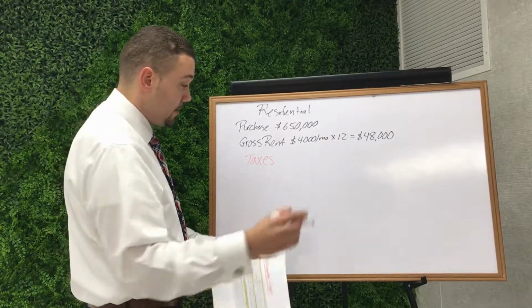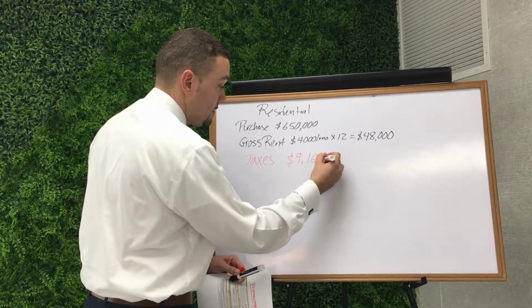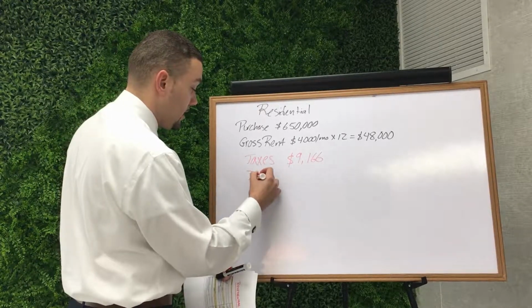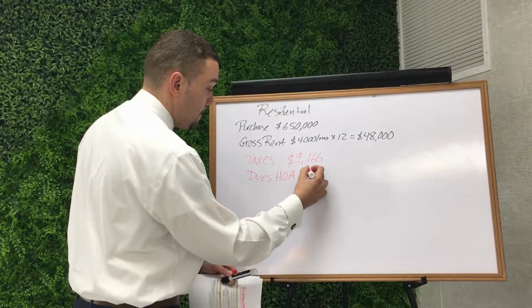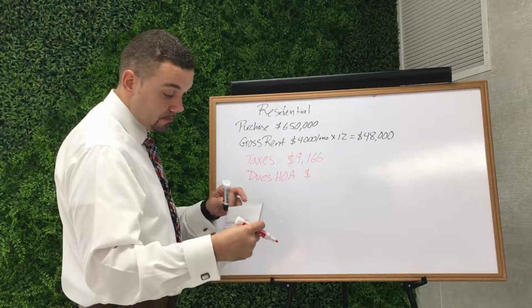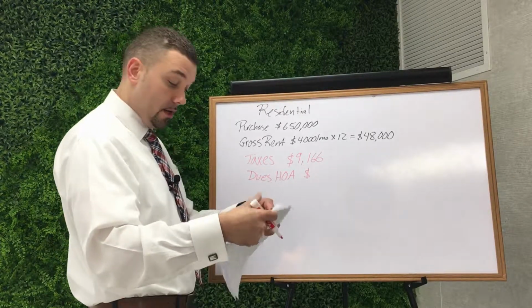So taxes on this unit was $9,166. And then the association dues, so I'll just label them dues or HOA. That was $1,409 a month.